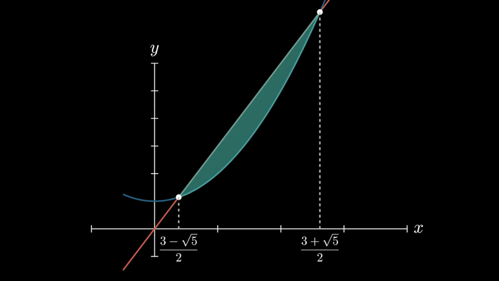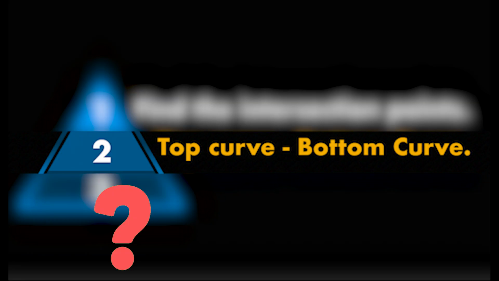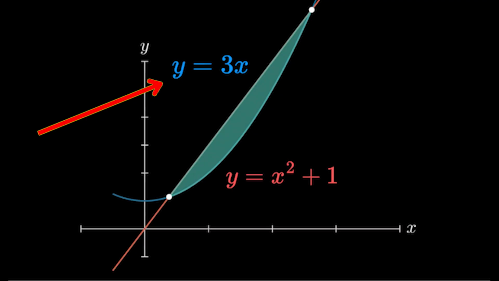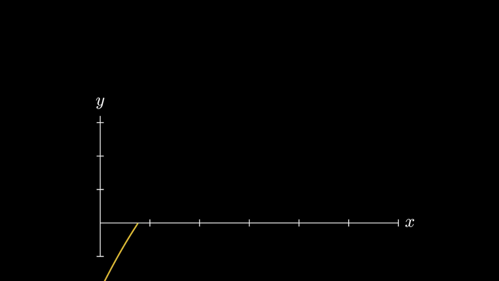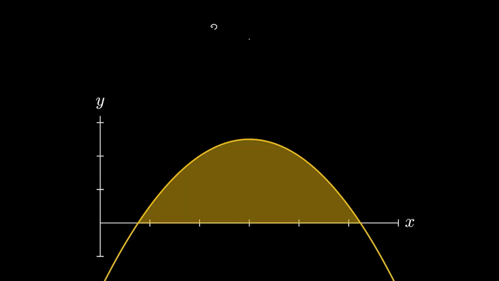Perfect. Now, what about the top minus bottom bit? Well, our top function here is y equals 3x. Our bottom function is y equals x squared plus 1. So therefore, our curve altogether becomes 3x minus x squared minus 1.